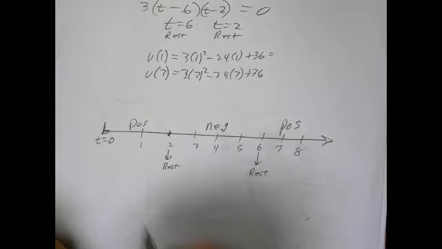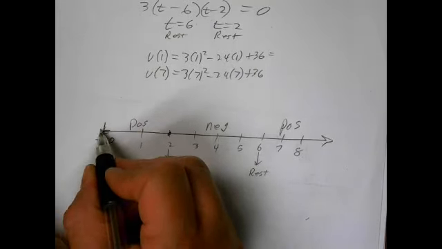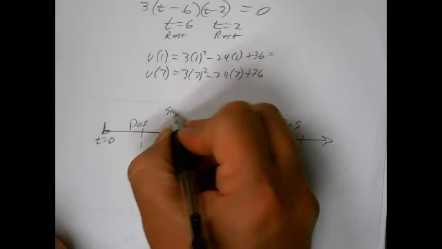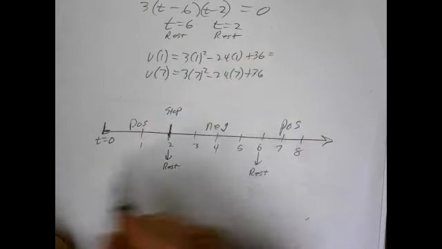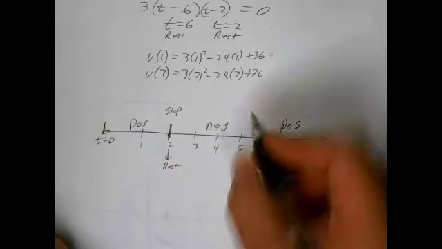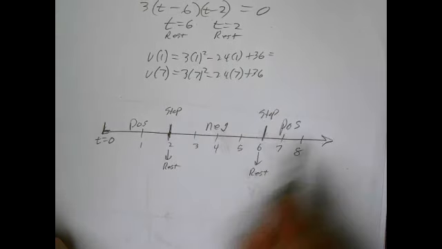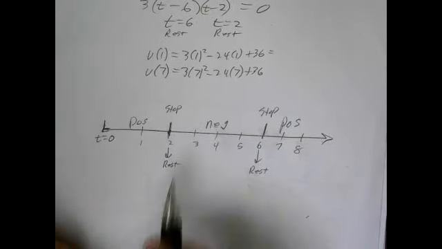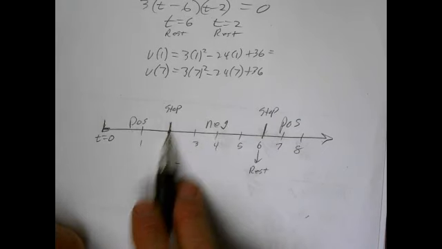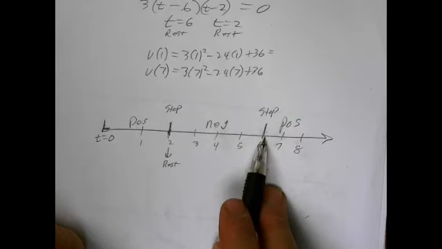All right, so it started at time 0 from wherever it was, moved in a positive direction. At time 2 seconds, came to a stop, moved in the other direction up until time 6 seconds, came to a stop, and then turned around and headed in the positive direction. So since I went from positive to negative here, that means it turned around here. Negative to positive there means it turned around again.